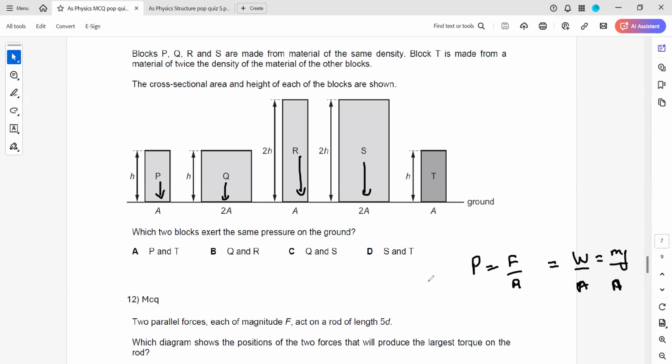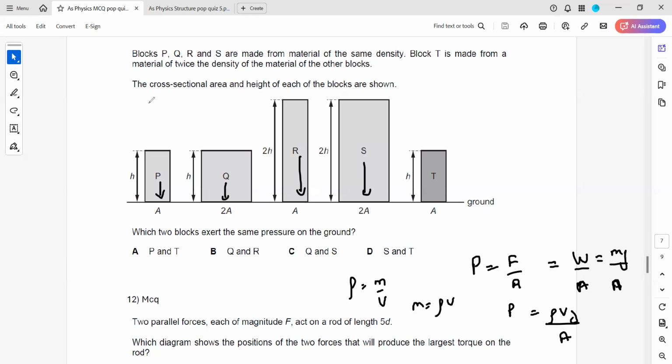Density is mass over volume, so mass will be density times volume. So in place of mass, we can write density times volume, and density times volume times gravity divided by area will give us the pressure.